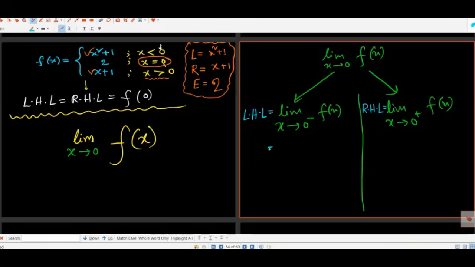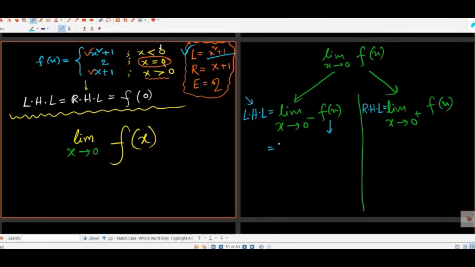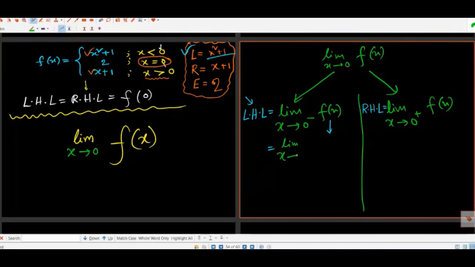Now, for left-hand limit, we need to input the leftward function. So which one is leftward function? X squared plus 1. So here, limit x approaches 0 minus f of x will be x squared plus 1. We have located our desired function, so there is no need to write negative. Negative is just a direction to locate the leftward function.